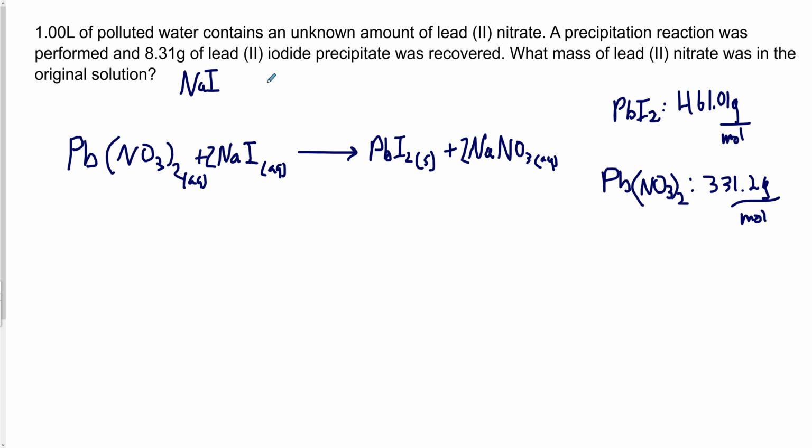So if we look at the balanced chemical equation, we have an automatic implicit 1 here, and we've got an implicit 1 here. That means our mole ratio is going to be 1 to 1. So literally what this question is asking us in a very roundabout way is, this is just a stoichiometry question.